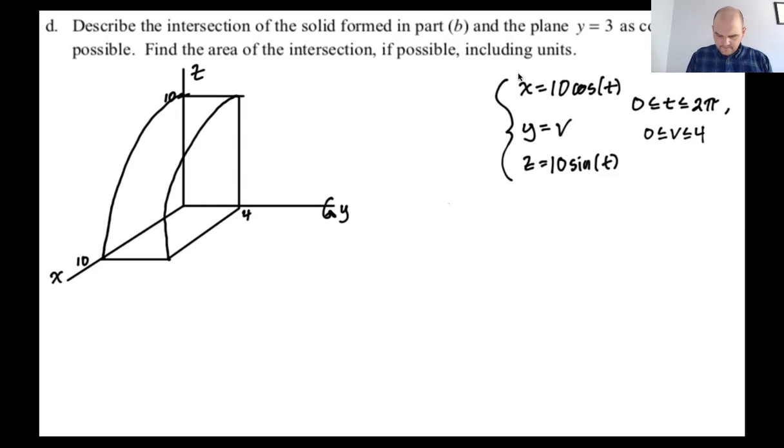Y equals 3. So here to like here, I suppose. And then we go straight up to here. So you can see that we're basically just getting a circular cross section, right? And we're going to be able to describe that.